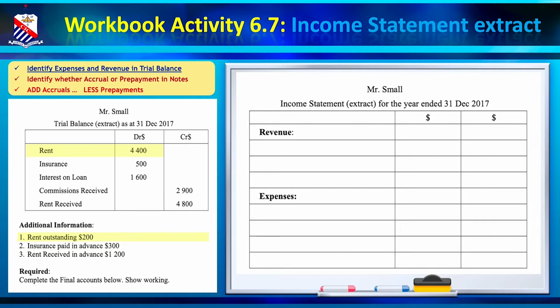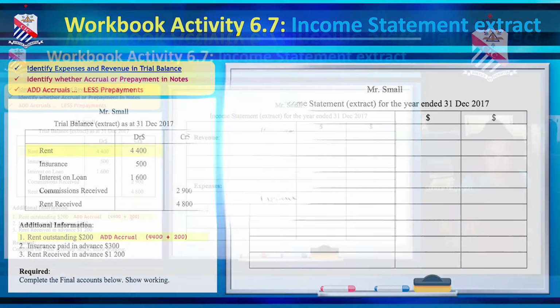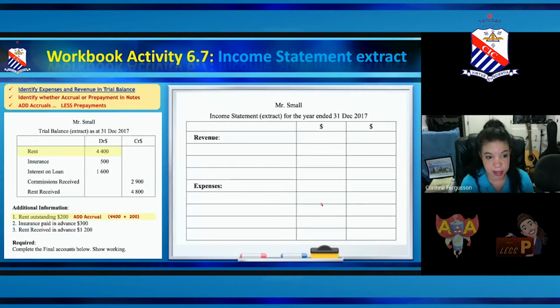Every time you see outstanding, it means that it is owed, and that is an accrual. And what do we do with accruals? We add the accruals. So after you have noted that, you actually go to your income statement. Rent is what? It's an expense.